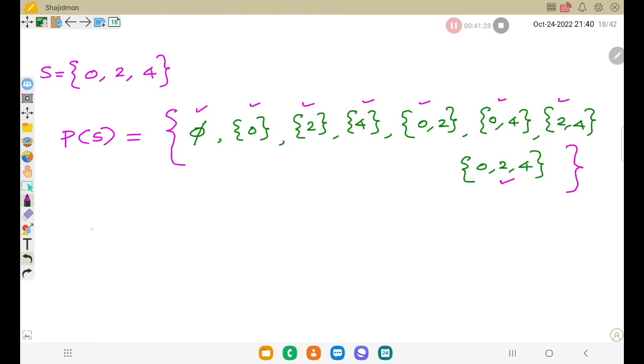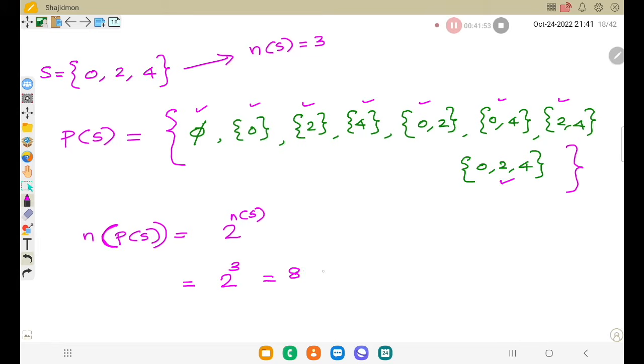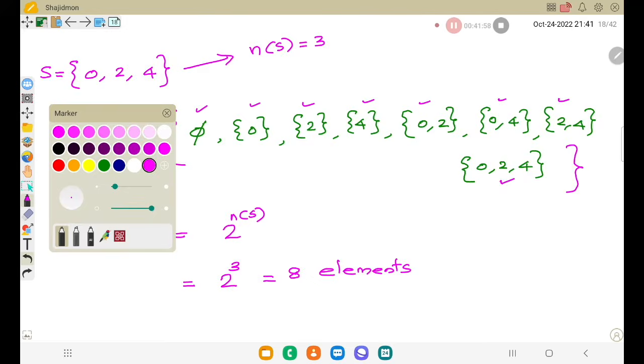Number of elements of P of S means 2 power the number of elements in that set. Here, how many elements are there in the set S? Number of elements of S is 3, correct? So 2 power 3, what is 2 power 3? 8. So you will get 8 elements in the power set.